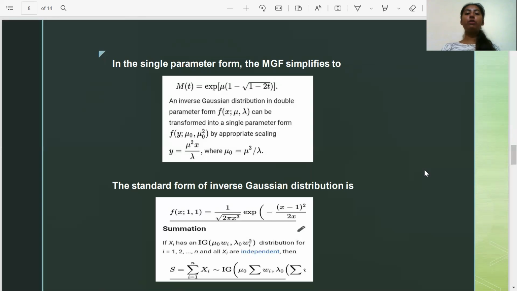The standard form of inverse Gaussian distribution is f of x, 1, 1 is equal to 1 by root over 2 pi x cube, exponential of minus x minus 1 whole square by 2x.